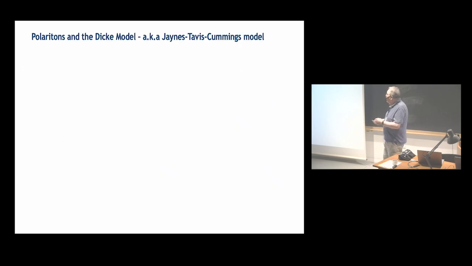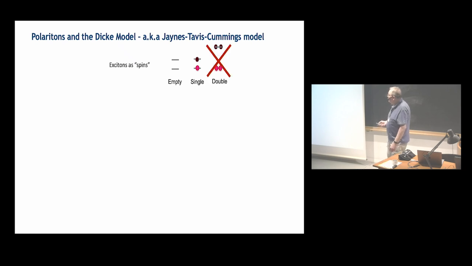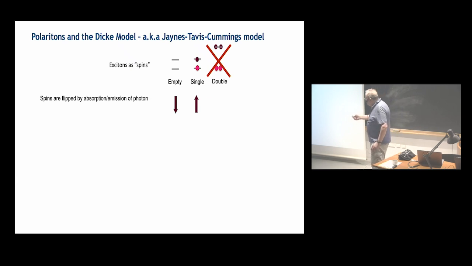Okay. Let me tell you how I think about this as a model. I'm going to treat excitons as spins, because if I say that they can be empty or singly occupied, but I forbid double occupation, then I can label empty as down and filled as up. I flip the spins by exchanging a photon from here to there.